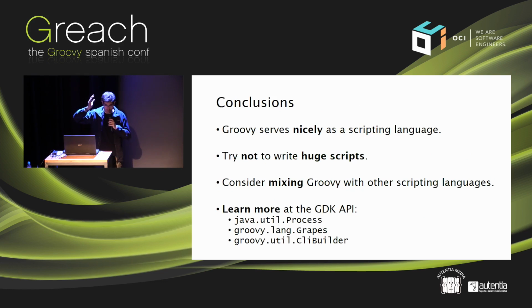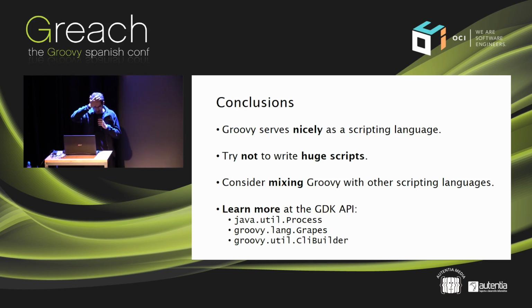Groovy serves nicely as a scripting language. As you can see, we can do the same things that we do with other scripting languages. Try not to write huge scripts. Sometimes you are better off writing a full project with build management tool support, or little scripts.